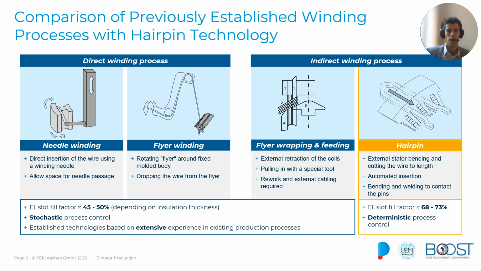We also have a deterministic process control, which benefits production of many units with consistent quality, which is favored in the automotive industry. But again, it is a relatively new technology that comes with new challenges for the production and the industrialization process.